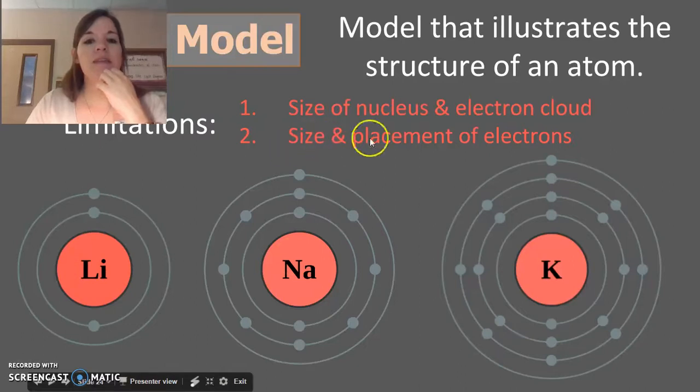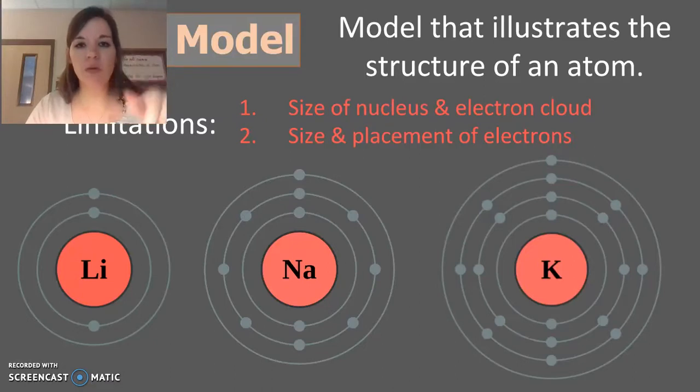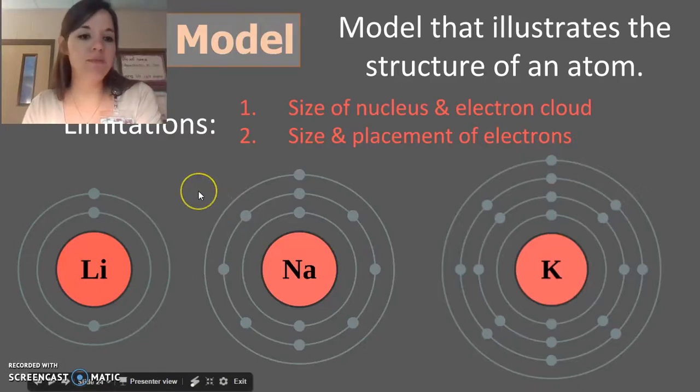The other thing is size and placement of the electrons. Electrons would also appear a lot smaller because they have such a small size, and they don't move in one direction. They're orbiting in all directions around the nucleus of the atom. That's very difficult to model in 2 dimensions, which is why this is a limitation of that model.